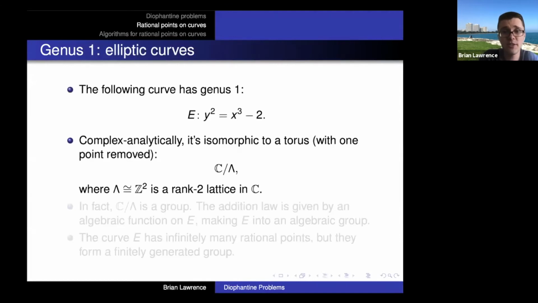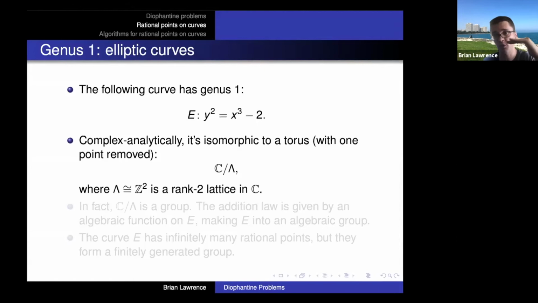The genus 1 situation is more interesting. A genus 1 curve is what's called an elliptic curve. Genus 1, of course, means you're a torus. So if you're a curve of genus 1, then you're complex analytically isomorphic to a torus.